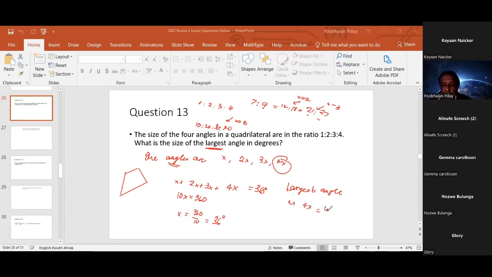So that is 4 times 36 degrees. When you work that out, it's 144 degrees. So the largest is 144 degrees, and that's what we are asked. Find the largest of these angles. So the answer to question 13 is 144 degrees.